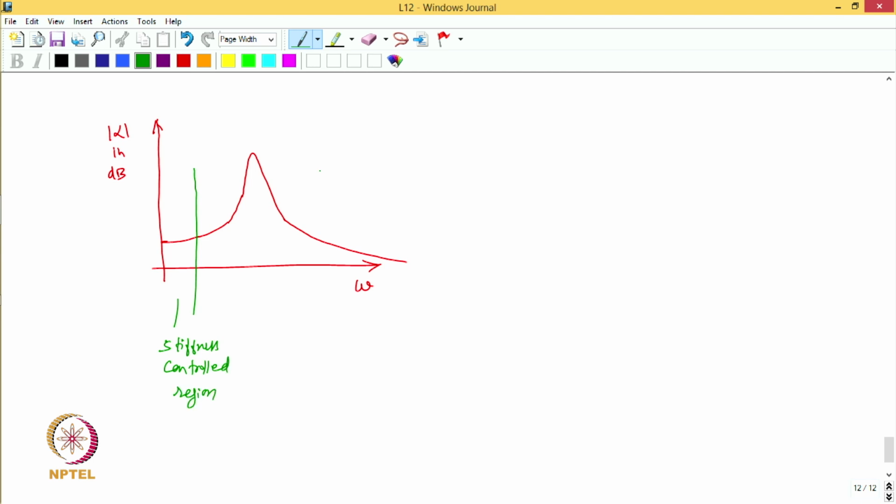While in the high frequency region, we have seen that the mass line can be used to approximate the behavior or the FRF of the single degree of freedom system, and hence this region is often referred to as the mass control region. But if you look at the frequency range around the resonance frequency, here it is the damping coefficient which largely determines the response of the system, and hence this region is often referred to as the damping control region.